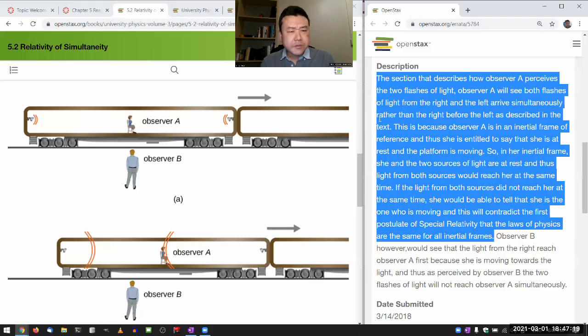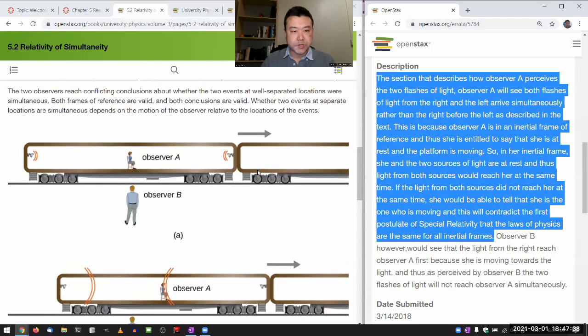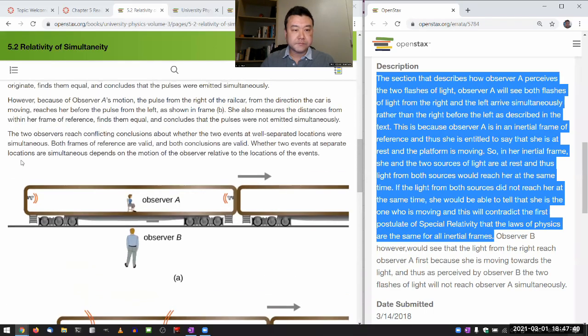In fact, the textbook encourages, probably too strong a word, the textbook description doesn't prevent this kind of mistake. So this is the textbook description of these events.